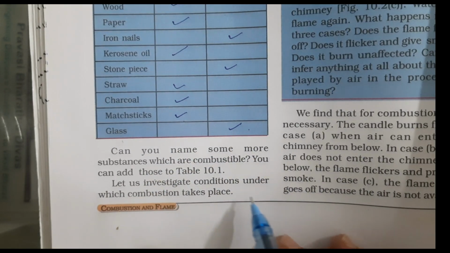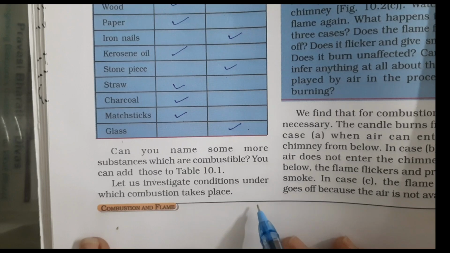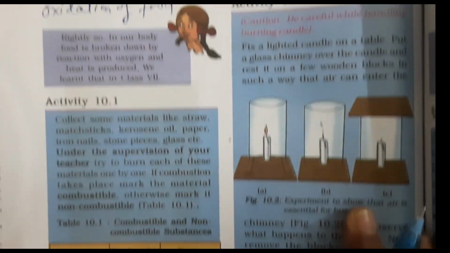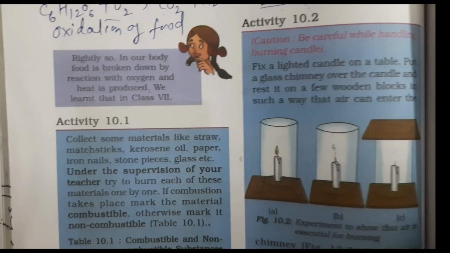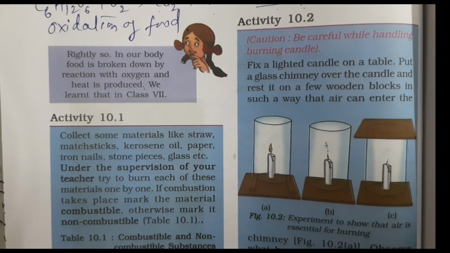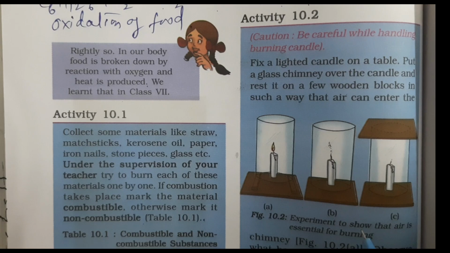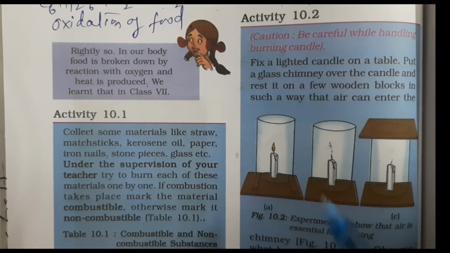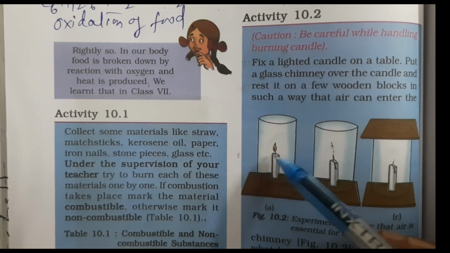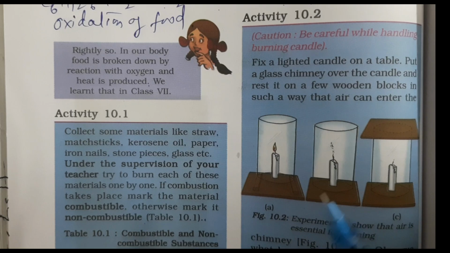Let us investigate conditions under which combustion takes place. This activity is also very important and can be asked in the exam. So what are the conditions needed for combustion? We know that for combustion, we need combustible material or fuel, the thing which is burning. Next, we need oxygen as it supports combustion.